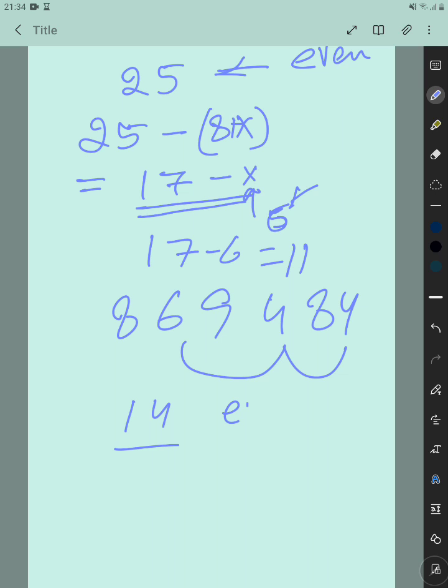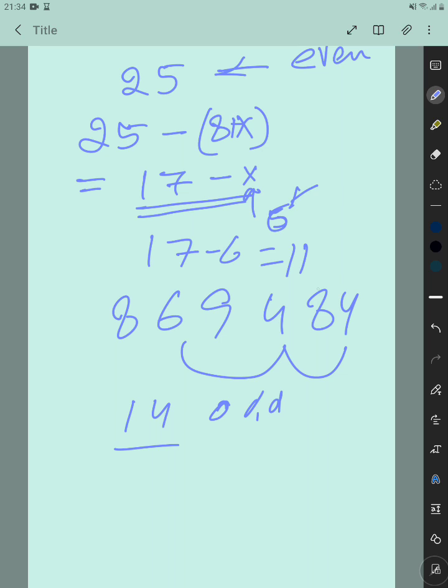And even places is 8 plus 9 plus this one is 25. Oh, sorry, I have written it a little wrong. Just a minute. This is odd place. I have written it as even, but it is odd place.